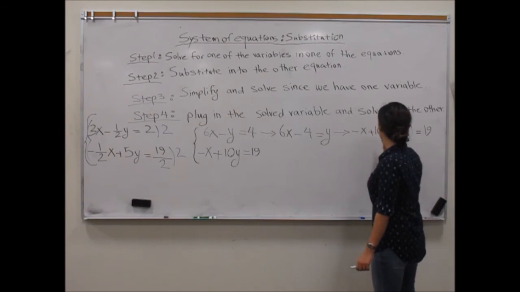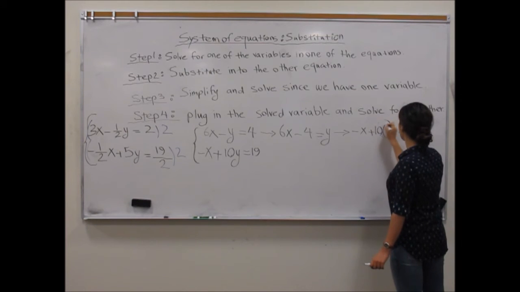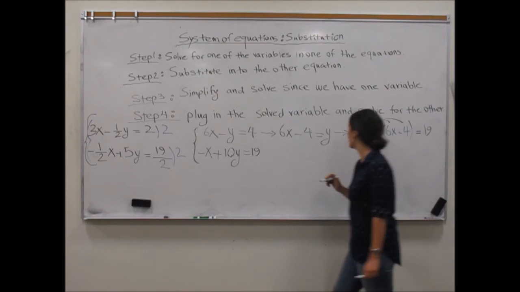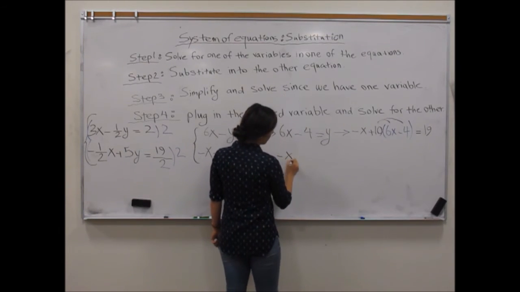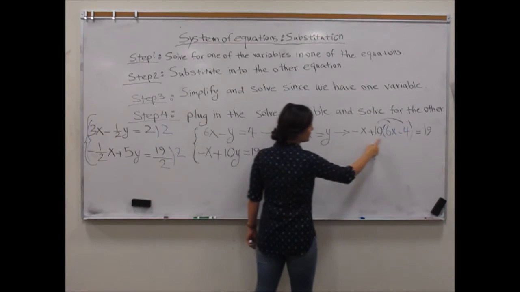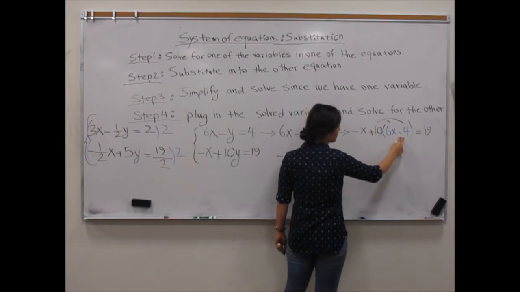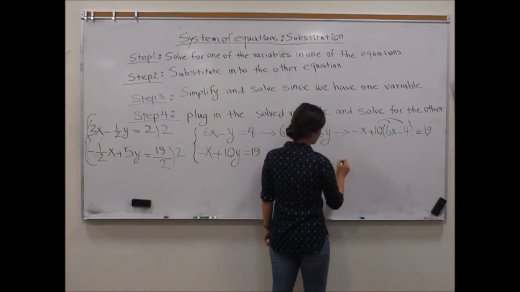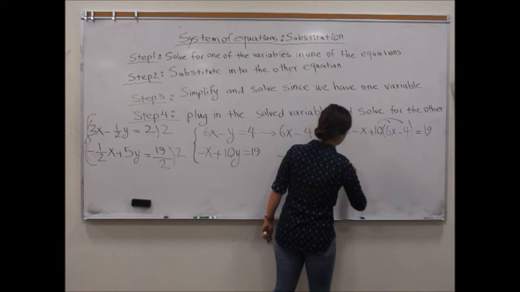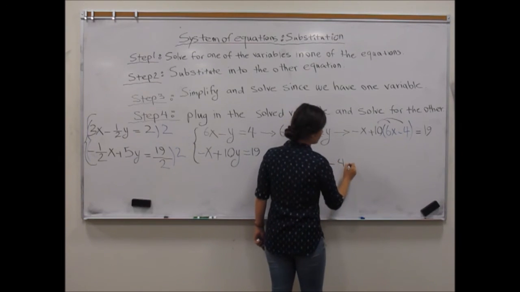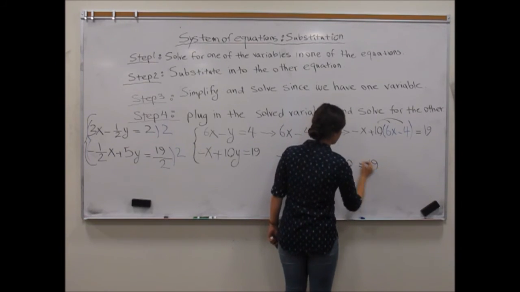Now in step 3, I'm going to simplify this a little. So I'm going to distribute this 10 to both of them, to the parentheses. So I would have minus x plus 10 times 6x is 60x, and then 10 times negative 4 is negative 40, equal 19.